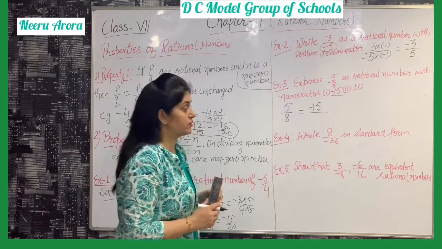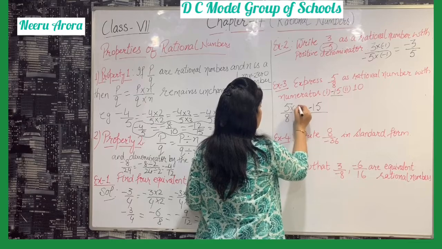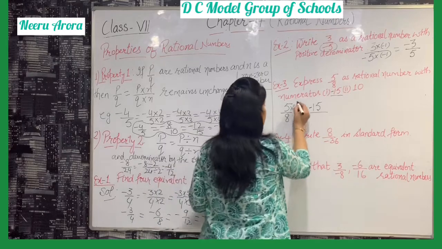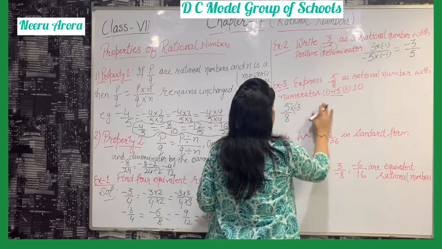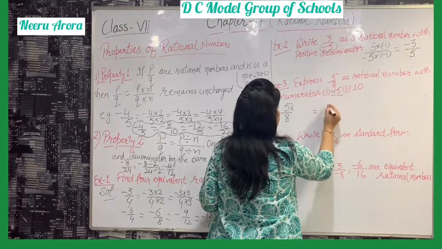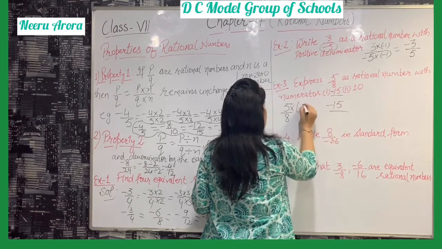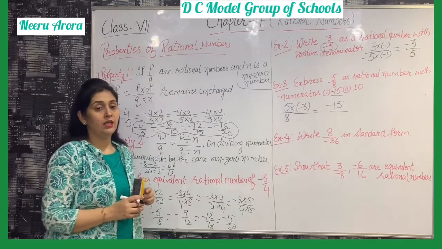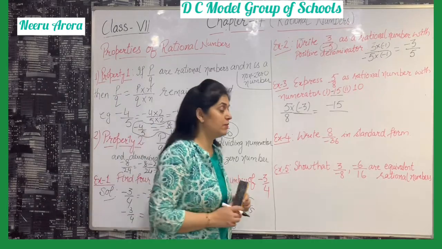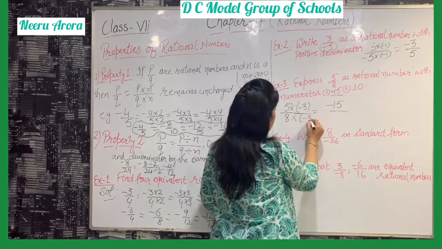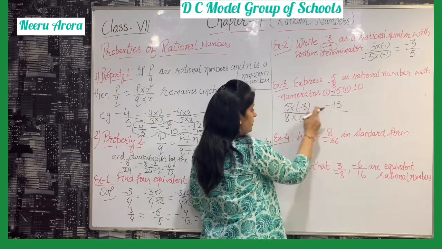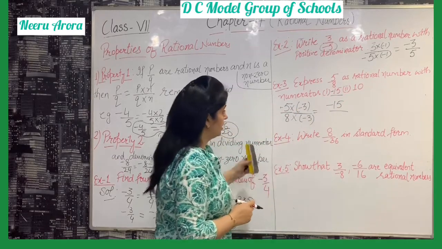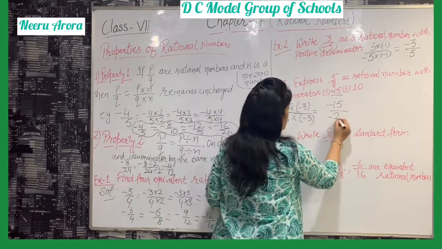We multiply by minus 3. Our property says that we multiply numerator and denominator by the same non-zero number, so here also we take minus 3. 5 threes are 15, plus multiplied by minus is minus. In the denominator, what do we get? It's minus 24.